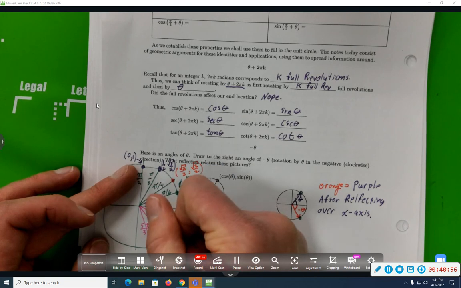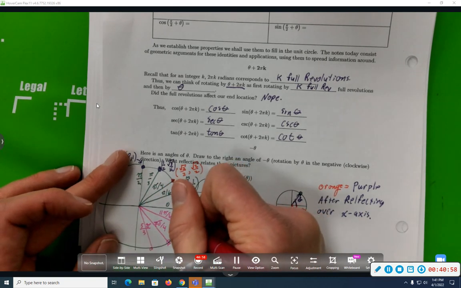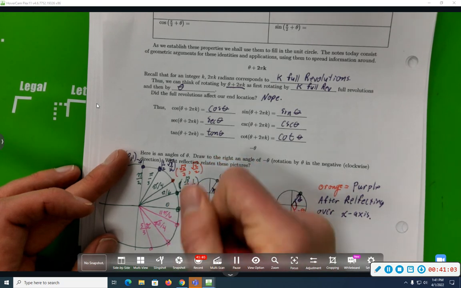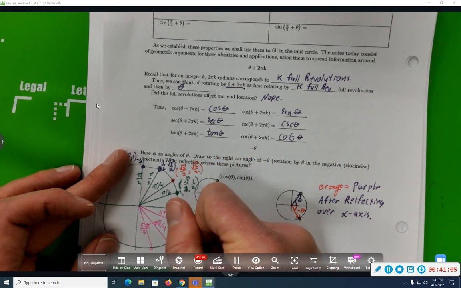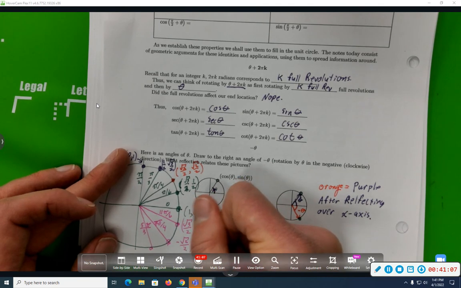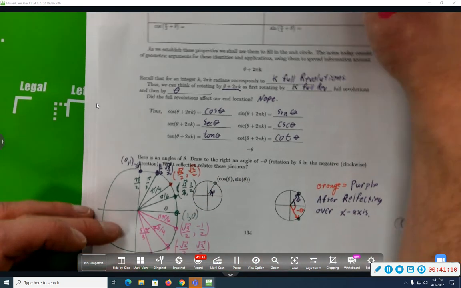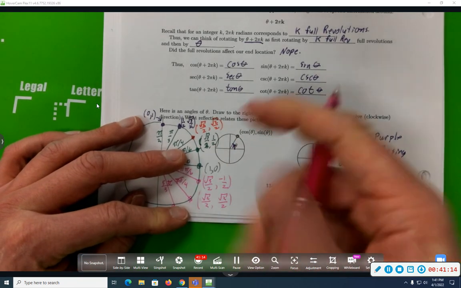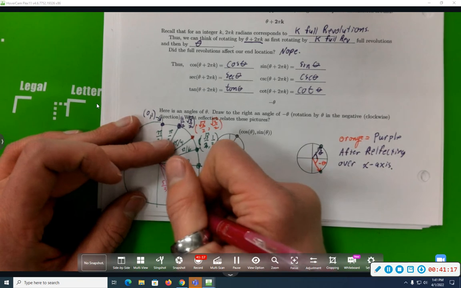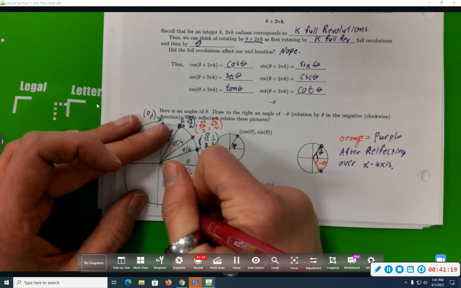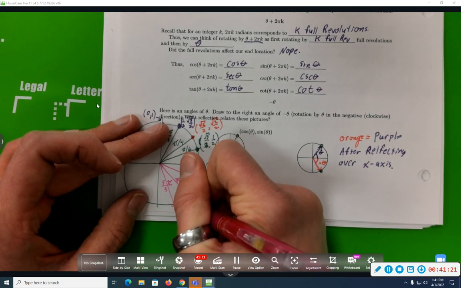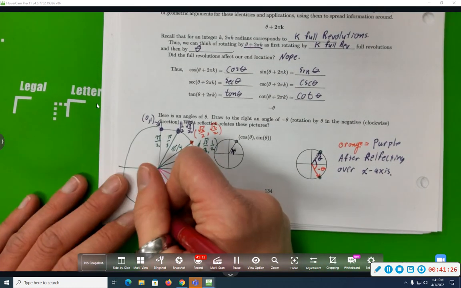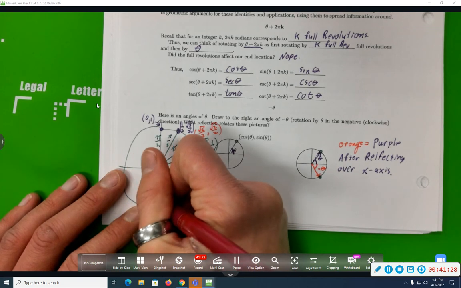These corresponded to the points root 3 over 2, negative 1/2, negative root 2 over 2, root 2 over 2, 1/2, negative root 3 over 2, zero, negative 1.